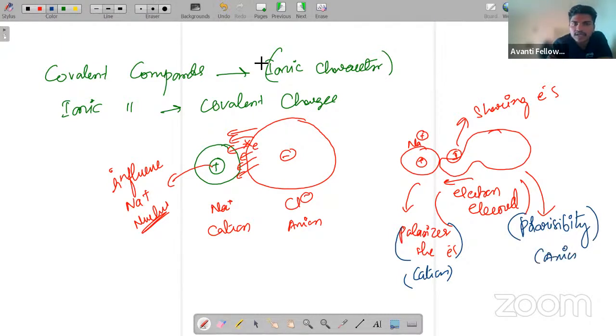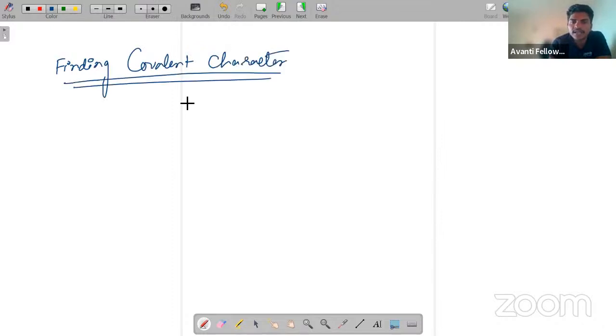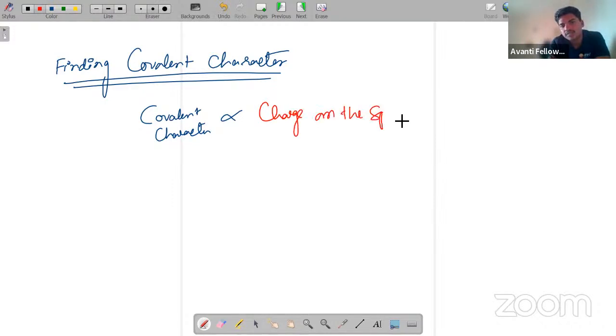I hope you guys are all understanding this one. Next, how do you find the covalent character? Very important. Covalent character is directly proportional to the charge on the species.